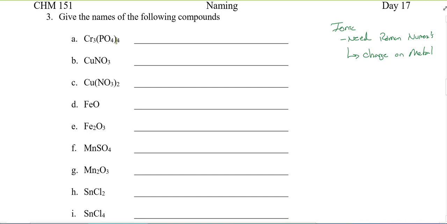My best advice is you look at the polyatomic ion here, right? And the polyatomic ion is -3. So how do we get the metal? Well, we uncross charges. So it looks like we have chromium, then the parentheses for the Roman numeral, and then phosphate.